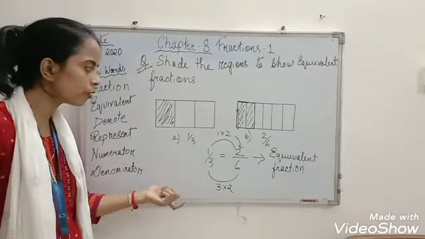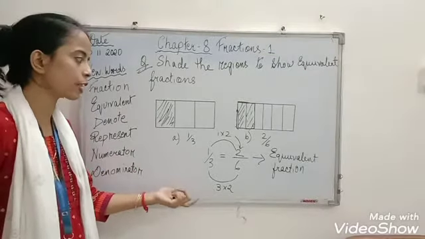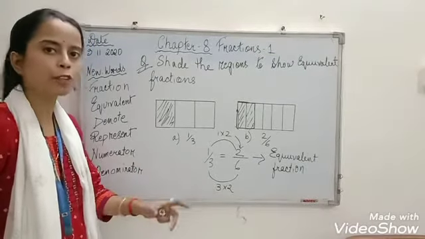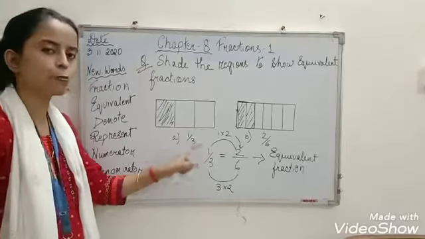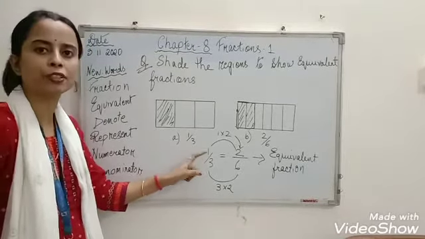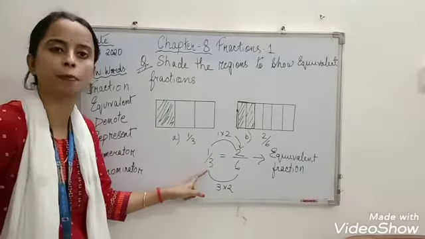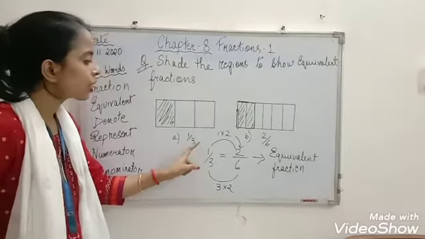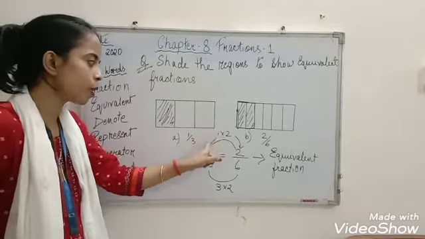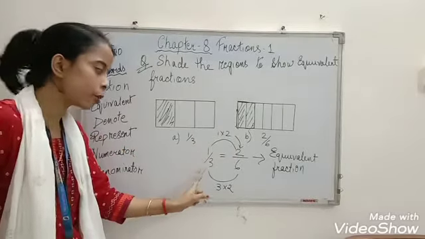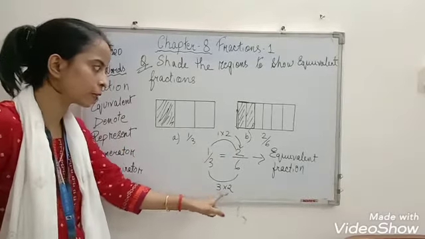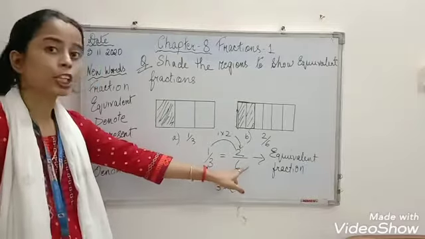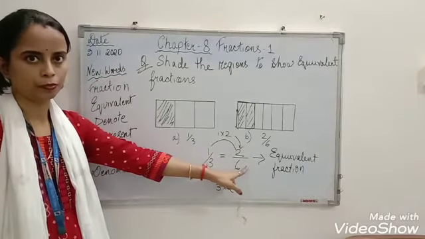So to find out the equivalent fraction of a given fraction, what we have to do? We have to multiply both the numerator and the denominator by the same number. That means here if you have multiplied 1 into 2, the denominator also you have to multiply by 2 to get an equivalent fraction.